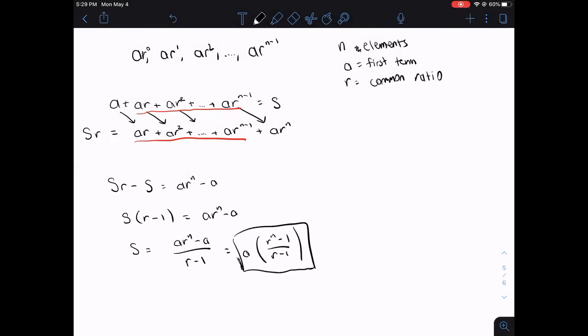And this is the usual formula that you'll see. This is used to compute the sum of a geometric series.